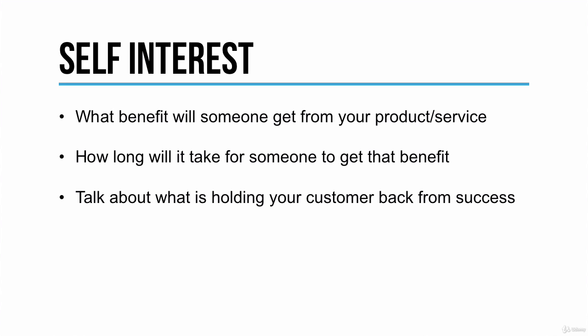Another way you can include self-interest in your headline is to tell your reader how long it'll take for someone to get that benefit. Let's say you're writing a headline that says, how to become a more effective writer. Or even better, how you will become a more effective writer.